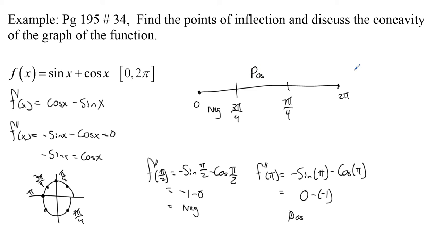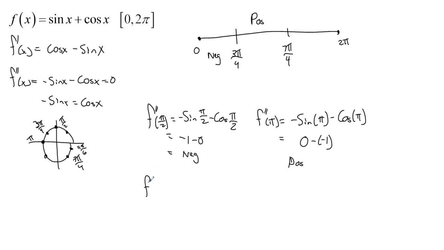And then I need a value between 7π/4 and 2π. I don't have a whole lot of room, so the only one that's going to come out nice is 11π/6. Again, second derivative, and we're determining the concavity over that interval.